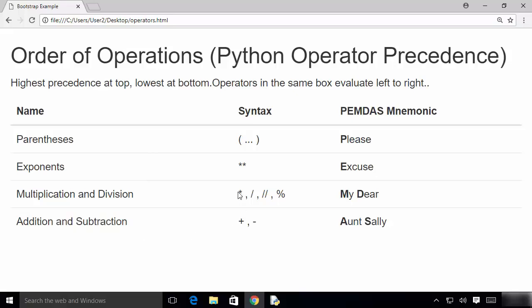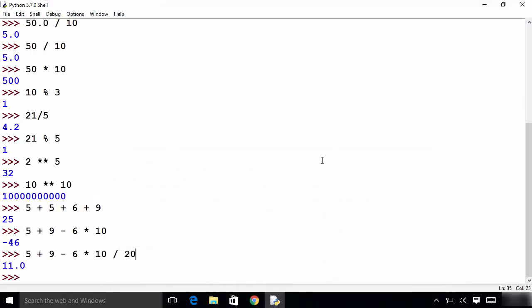And for example, if you use multiplication and division in the same expression, then the priority is decided by which operator is appearing on the left. So if the operator is appearing on the left, it has higher priority than the operator on the right side.